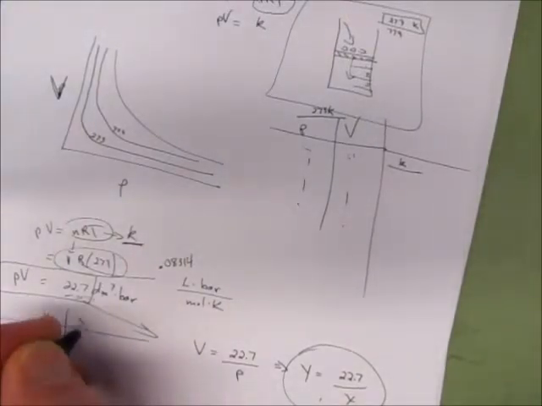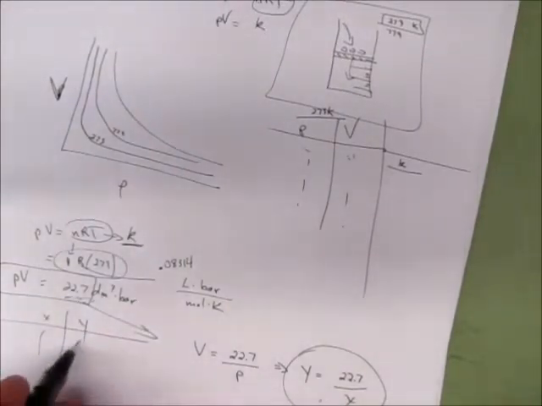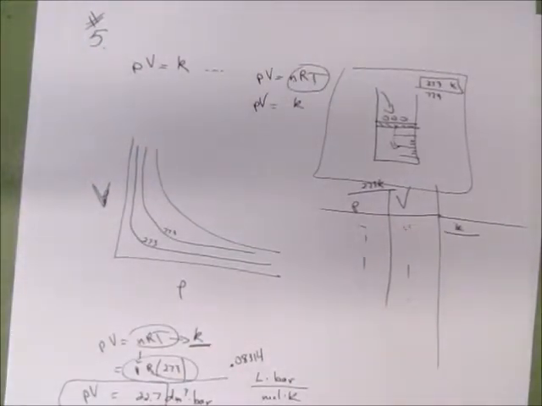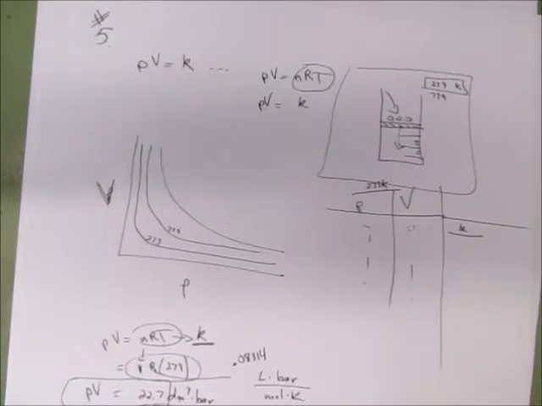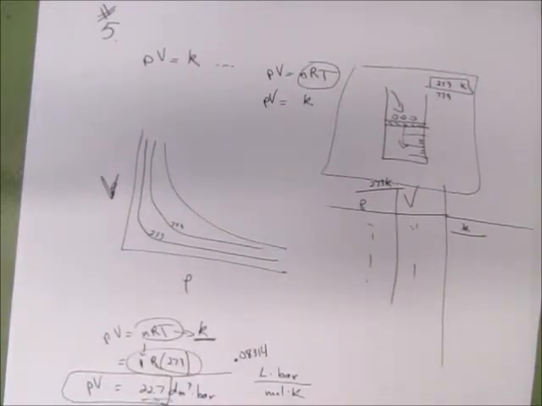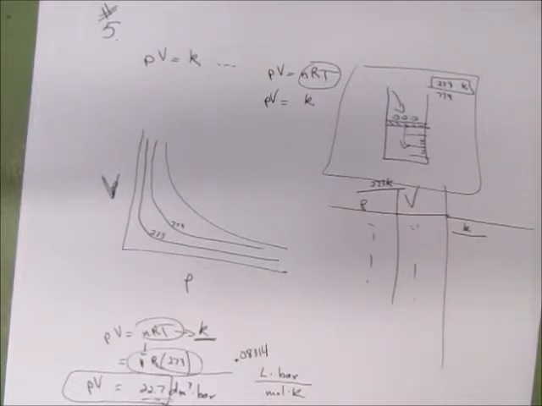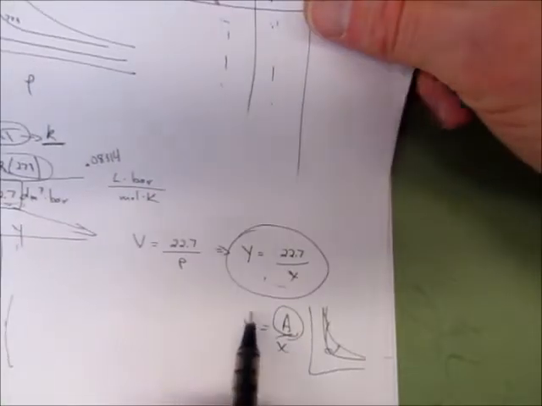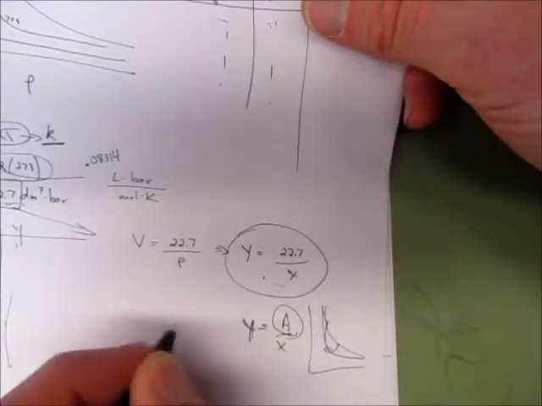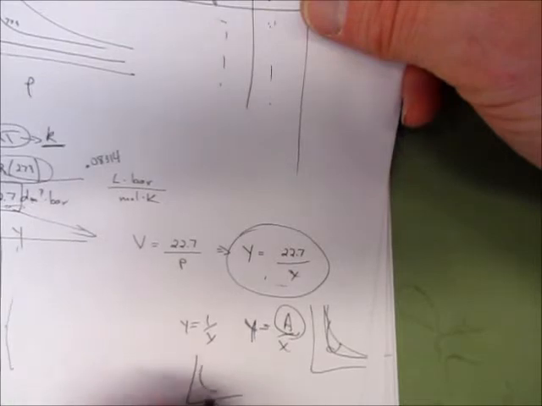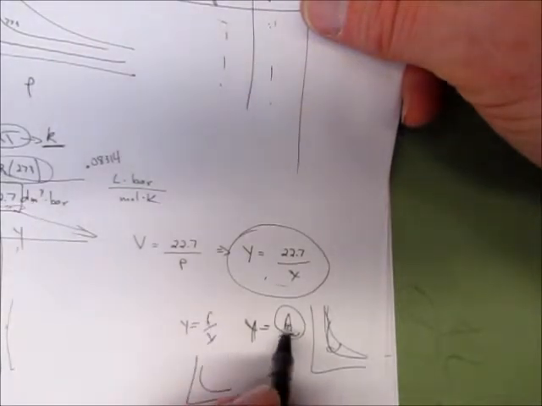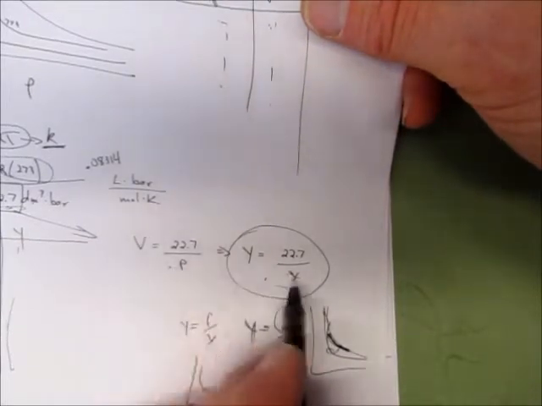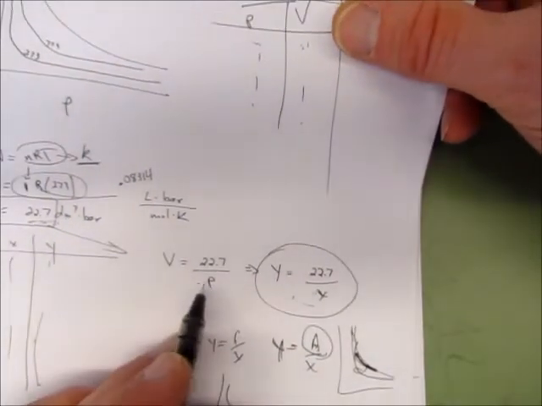All you would do is pick a whole bunch of X's and record the Y's. Everybody knows in math, 1 over X looks like this. You could graph Y equals 1 over X, which is a normal hyperbola, and as the constant up top gets bigger or smaller, you change the shape of the curve, right? But this is what you're asked to graph, V versus P.